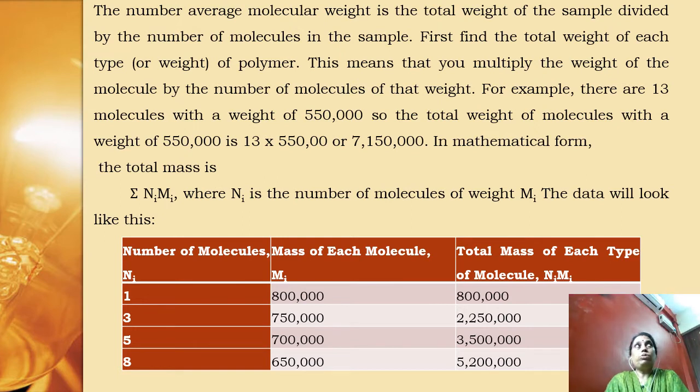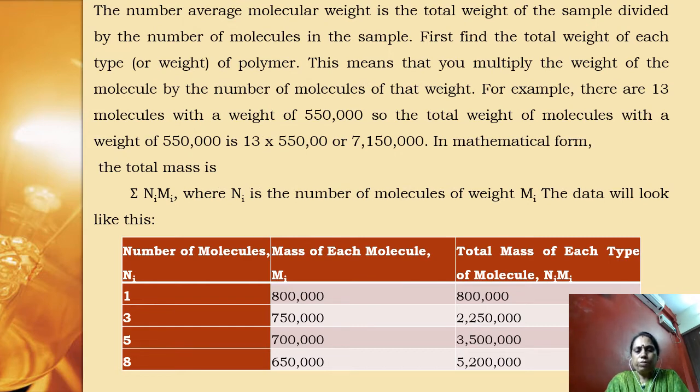The number of molecules is represented as Ni and the mass of the molecule is represented as Mi, and the total mass is obtained by multiplying the number of molecules and the mass of each of the molecules. That is, the total mass of each type of molecule is represented as Ni into Mi.